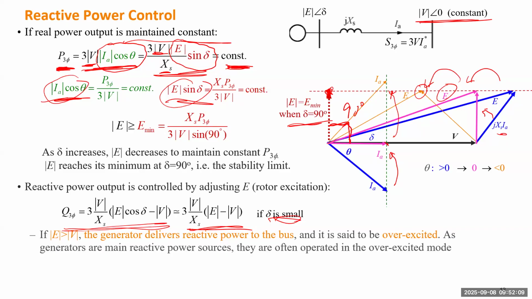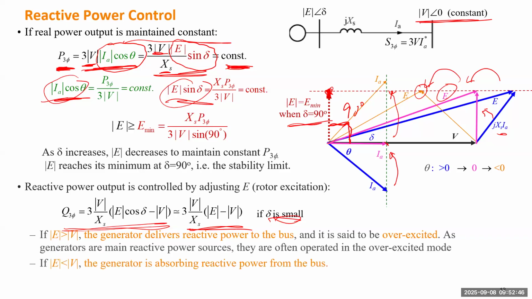But if you want to put in a capacitor, you need to purchase it, which incurs additional cost. So to save the cost of adding capacitors, you can let the generator operate in the over-excited condition. Just let the generator have E longer than V, which means the field current is higher than what is needed to operate. That way the generator will provide reactive power and save the cost of adding capacitors.